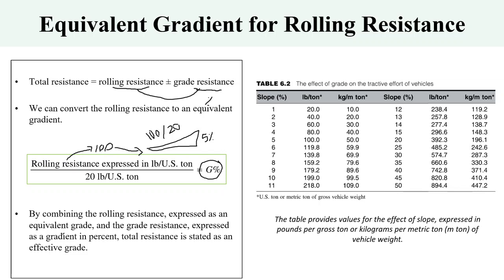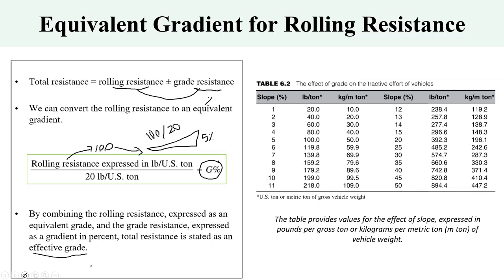So by combining the rolling resistance expressed as an equivalent grade, so this is now in equivalent grade, and the grade resistance, the gradient in percent, total resistance is stated as an effective grade. So the total resistance, the number that we find by adding them together or subtracting them from one another, is again an equivalent grade.